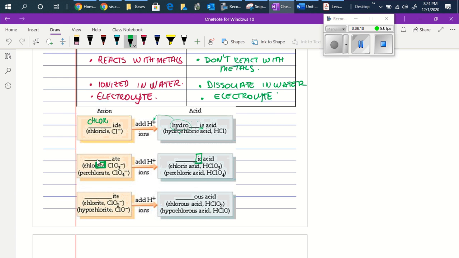And when the anion ends with ITE, then the name of the acid ends with OUS. So this case will be chloric acid without the hydro part, and this case will be chlorous acid.